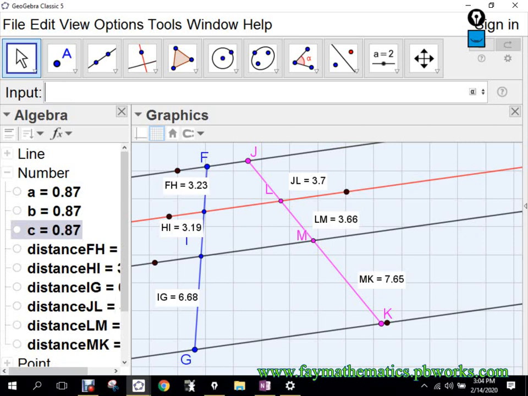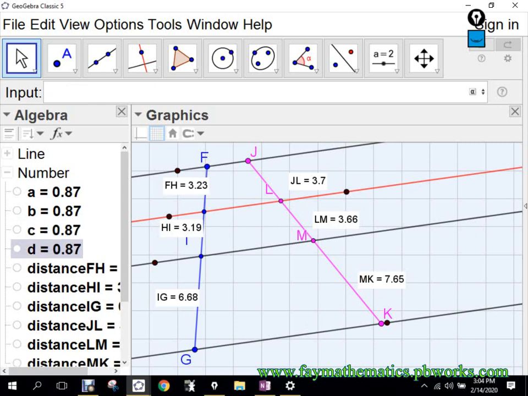Even if we go F to G, the entire blue one, and compare that to J to K, still 0.87. Even though the numerator and denominator are different, the quotients are the same because in that picture we have similar triangles if we extend those lines to get that third vertex of our triangle.